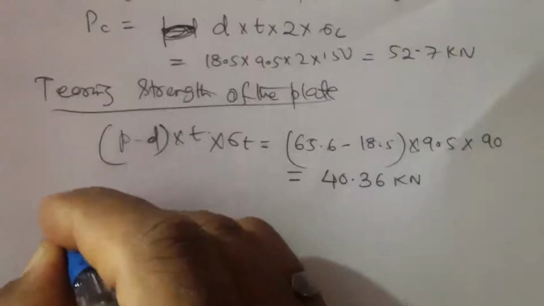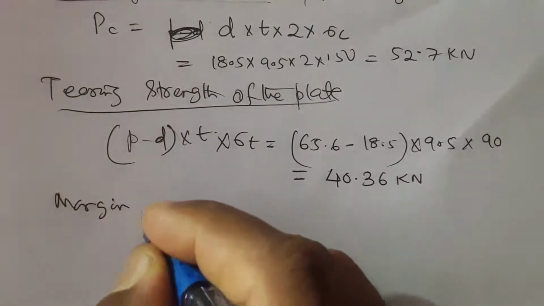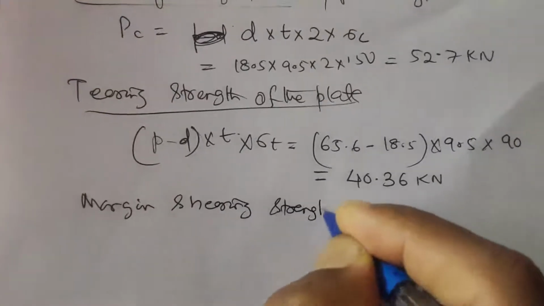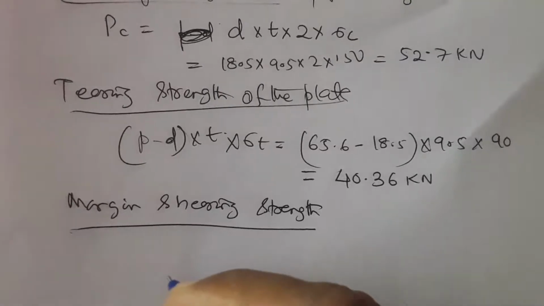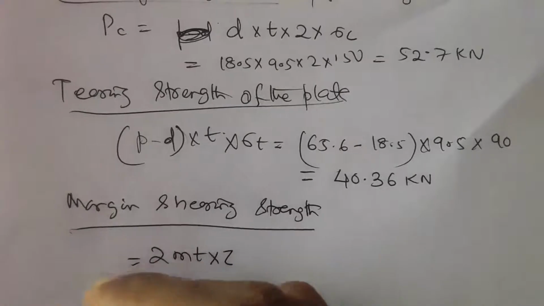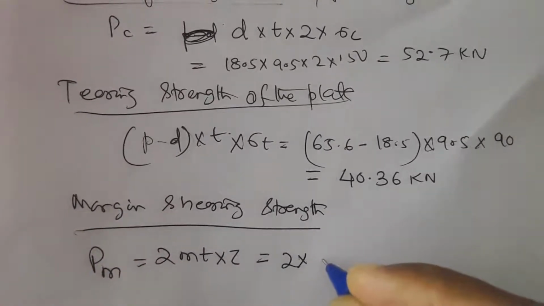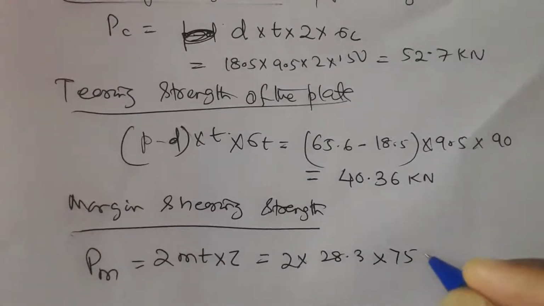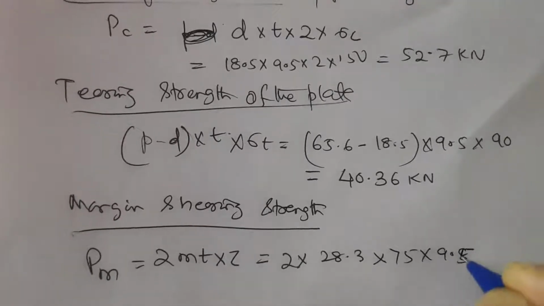Now the margin shearing strength. In this case it is 2mt into tau, that is P margin, and in this case 2 into margin, we got 28.3, and shearing strength is 75 into 9.5, 9.5 is the thickness.